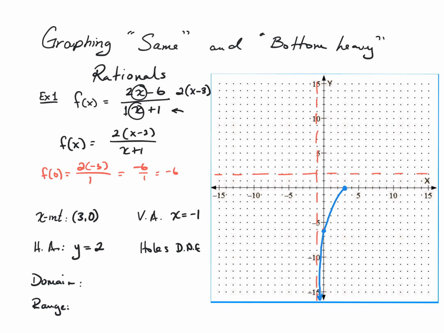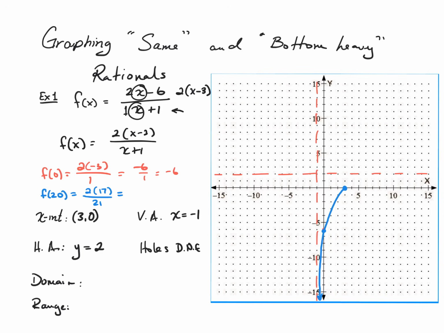So now the question is, does it cross my horizontal asymptote or does it not? The way you figure that out is by plugging in a number far to the right. Let's say I evaluate f of 20. If I plug 20 in, I get 2 times 17, divided by 21. And the question is, will that number be greater than 2 or less than 2?